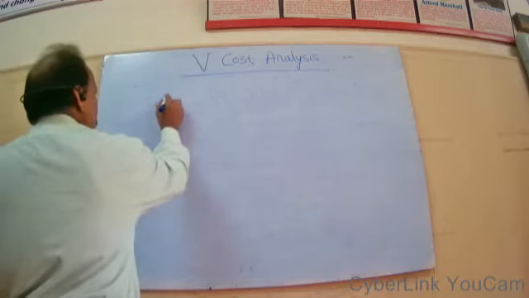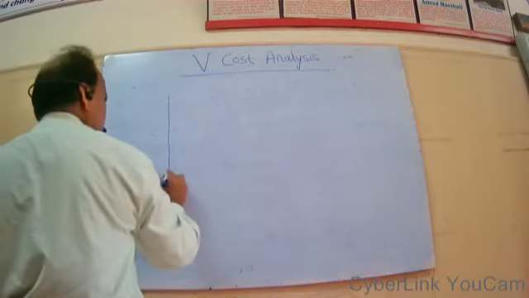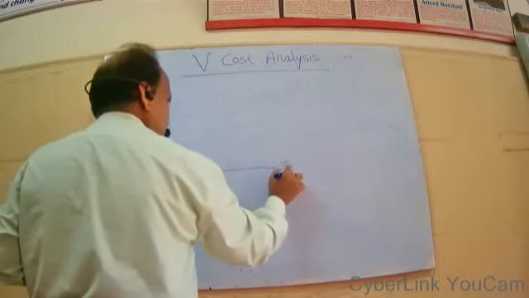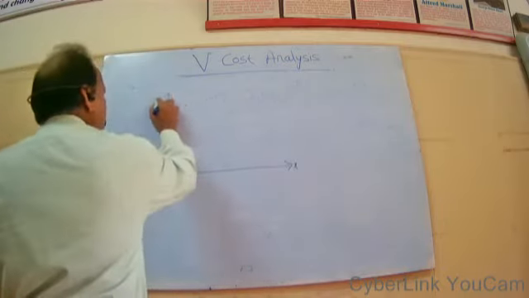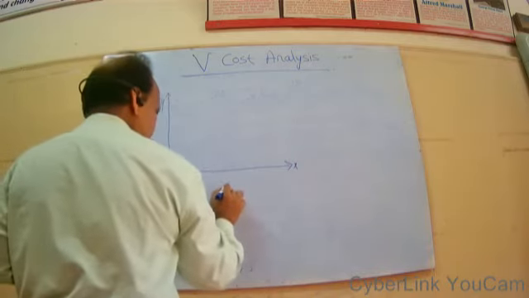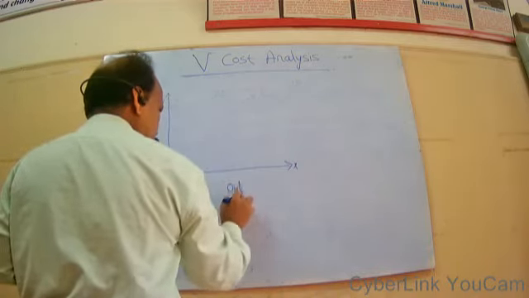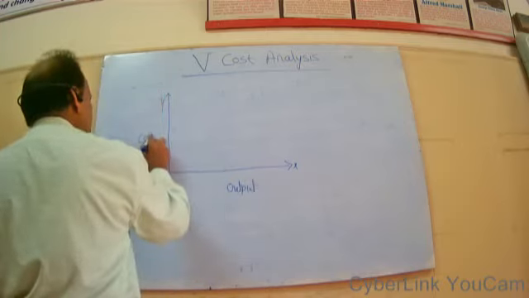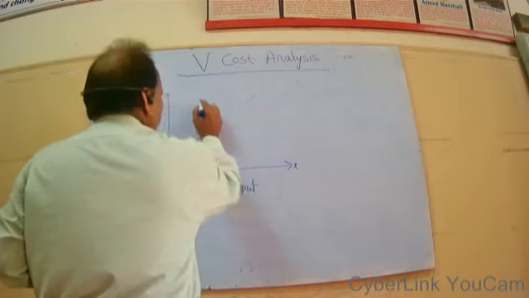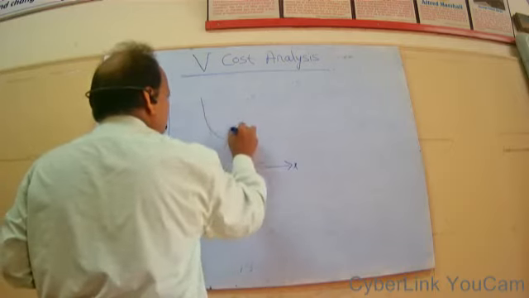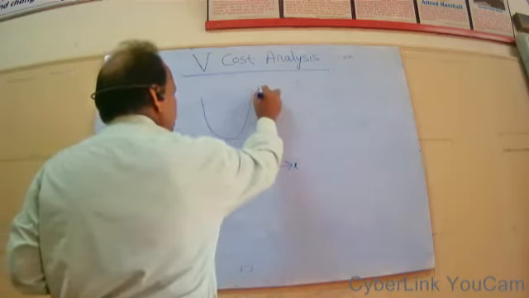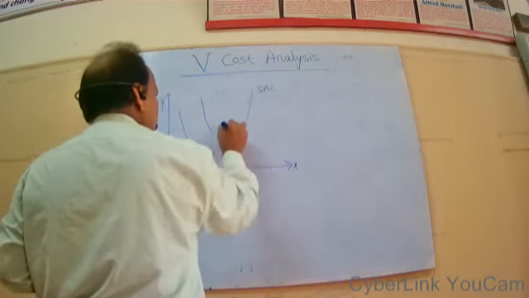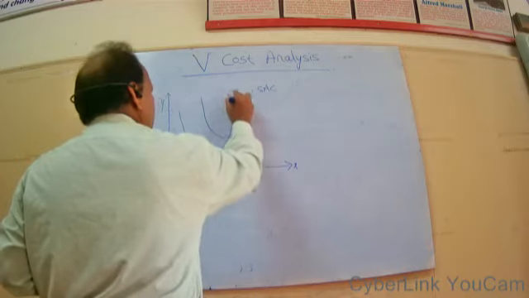Then how to draw average cost and marginal cost curve. First you have to draw OX and OY. Here output and cost. Average cost curve in the short run will be U-shaped, SAC, and the marginal cost SMC.